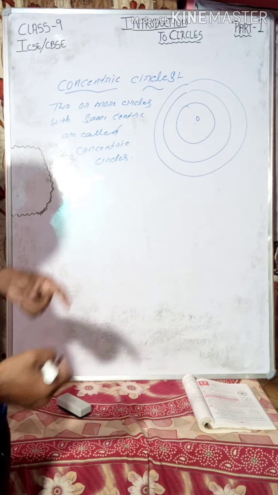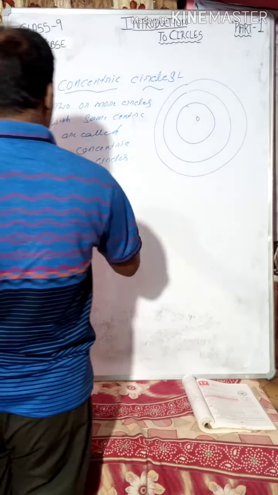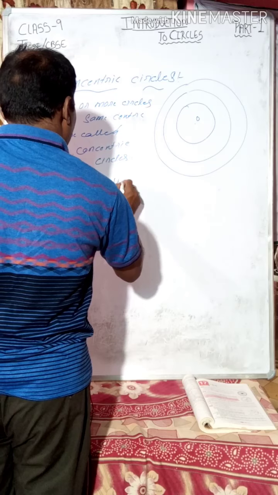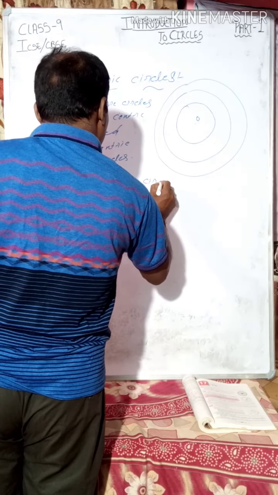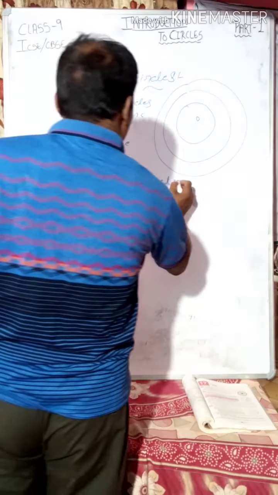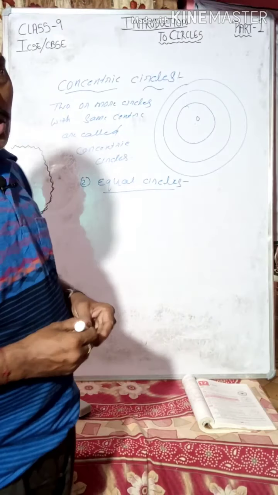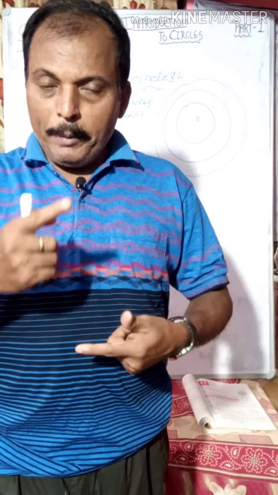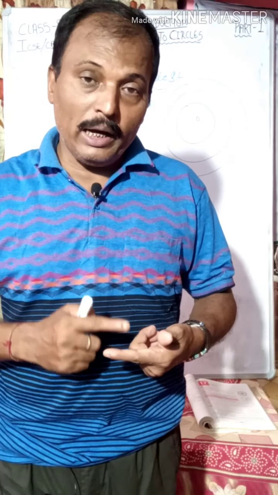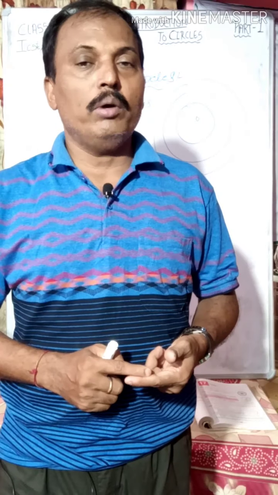Then go to the next thing, number 2, equal circles. What are equal circles? Circles having equal radii are called equal circles.